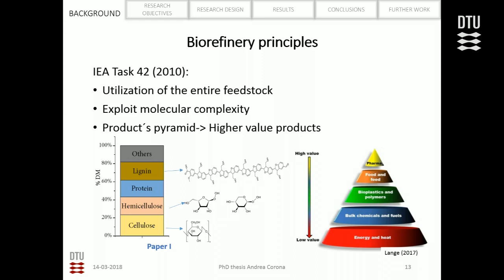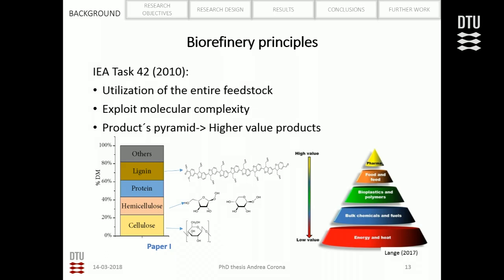Biorefinery can be defined by three main principles. First of all, as defined, is the utilization of all the feedstock available. So not only focusing on the upgrade of the cellulose, but looking also at the upgrade of the other biochemical components available. The second is to exploit the molecular complexity, and this is kind of different compared to traditional oil refinery, where the crude oil is a combination of different hydrocarbons.